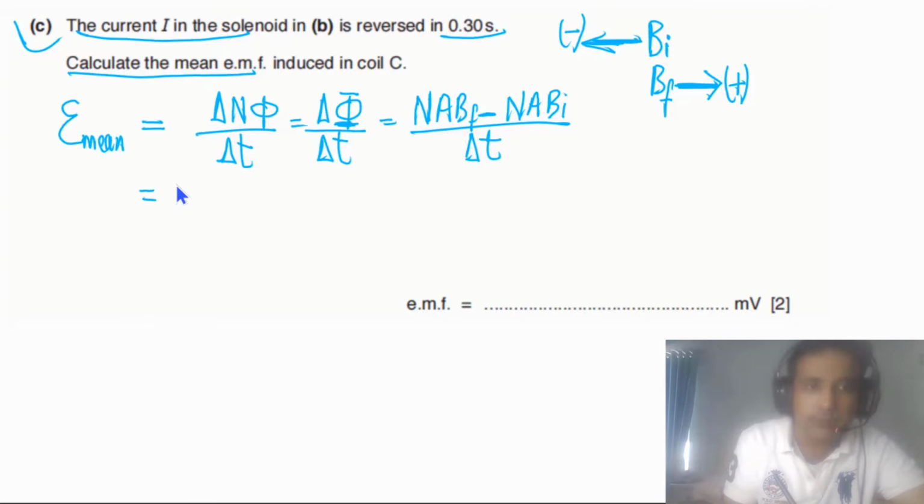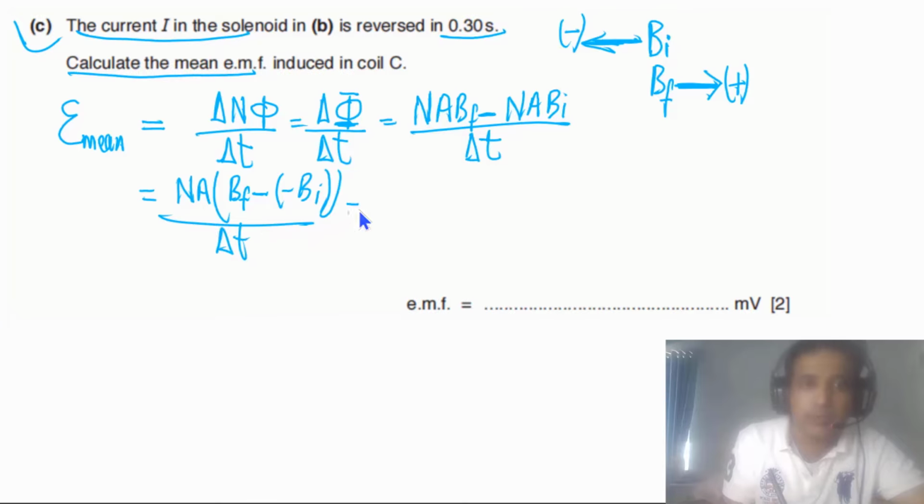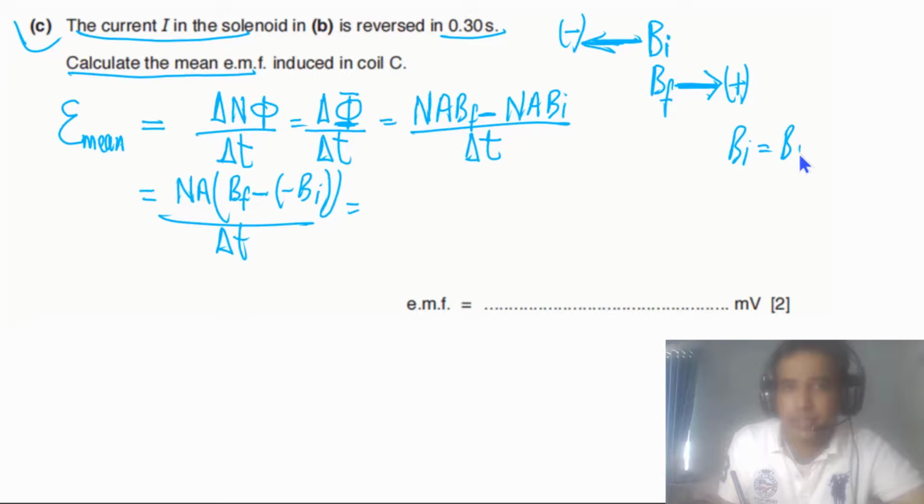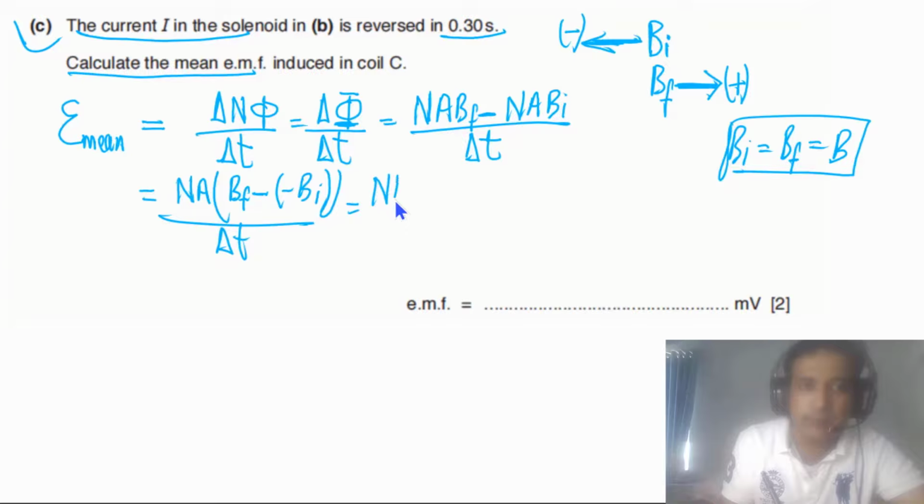So it means that we can write down NA is common, so we can say B final is positive, and we have negative B initial, and this is divided by delta T. As B initial is equal to B final in magnitude, they have the same magnitude, so this is equal to B. So it simply means that we have now NA, and this is 2 times B, divided by delta T. But we have already calculated magnetic flux linkage.